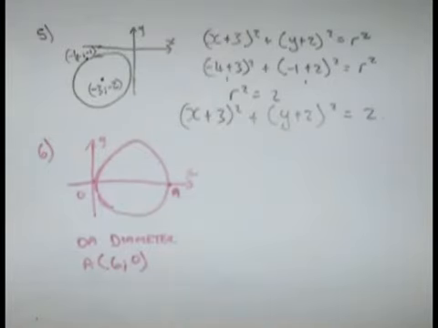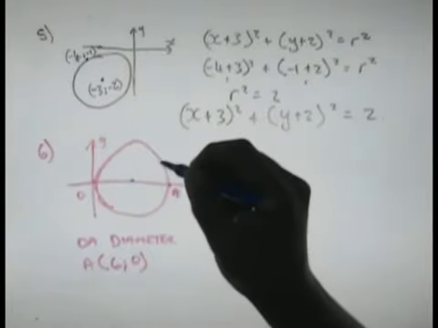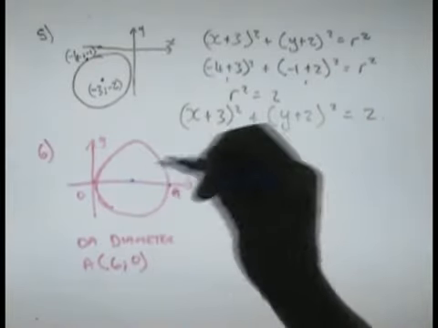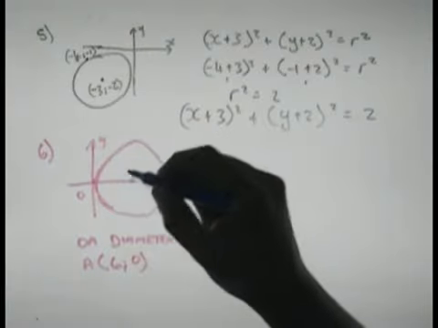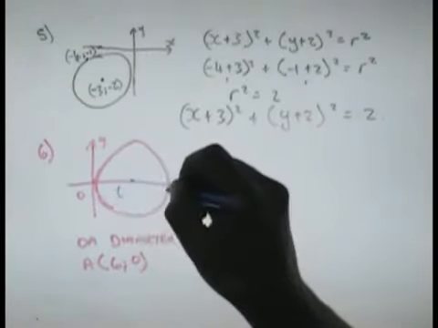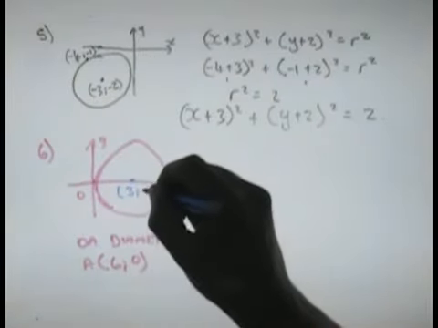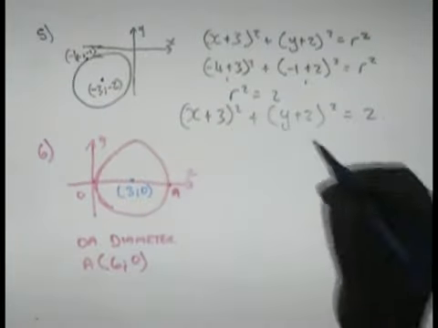Think about it. If OA is a diameter, what goes right in the middle of OA? Isn't the middle of the diameter also the center of the circle? That means that the center of the circle has an x value of 6 plus 0 divided by 2, which is 3, and a y value of 0.